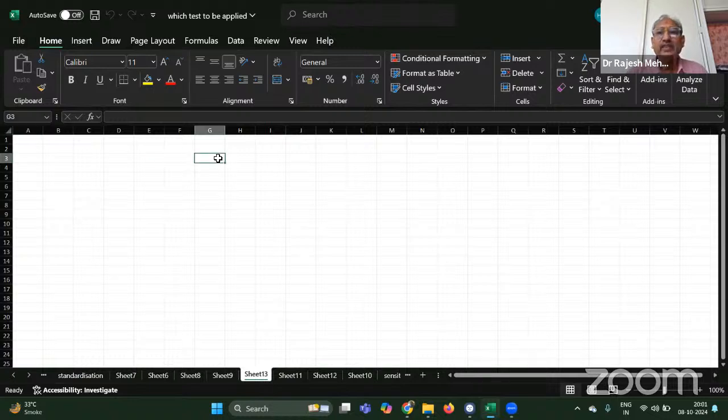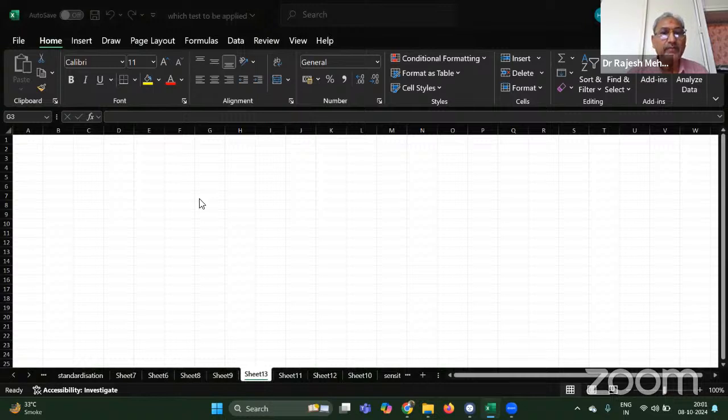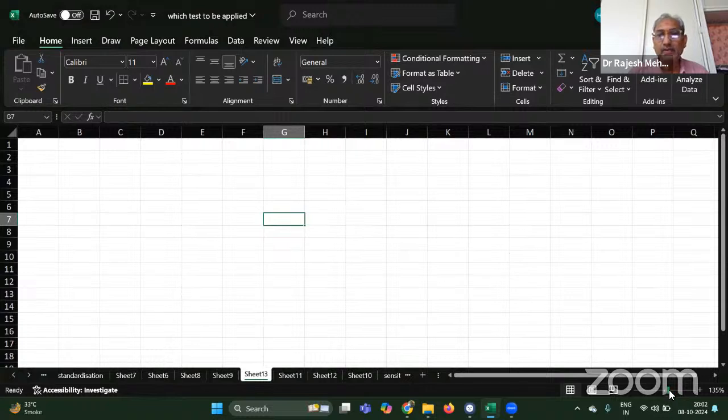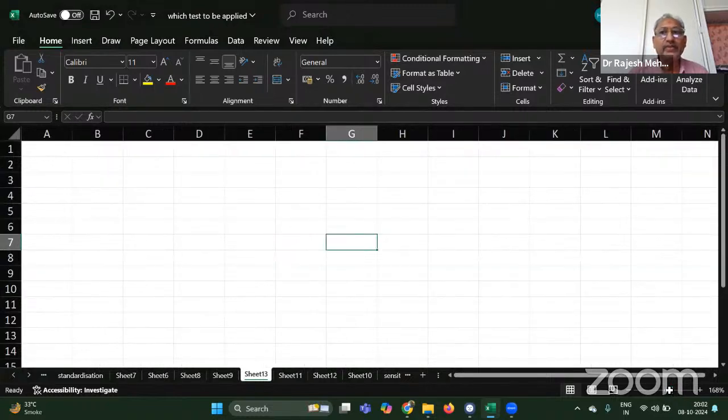Now we start with a blank Excel file, right? We'll keep a little bit of larger cells for better comprehension.